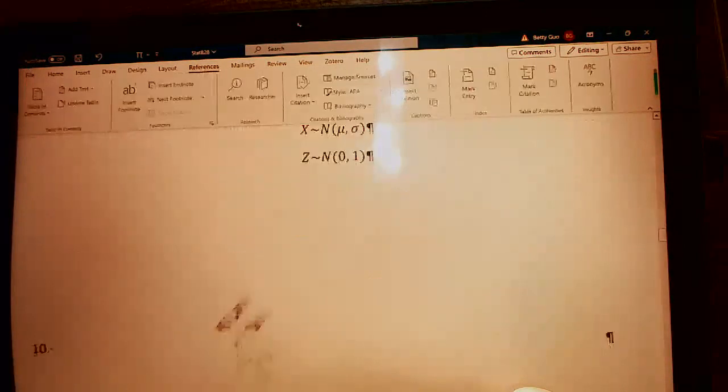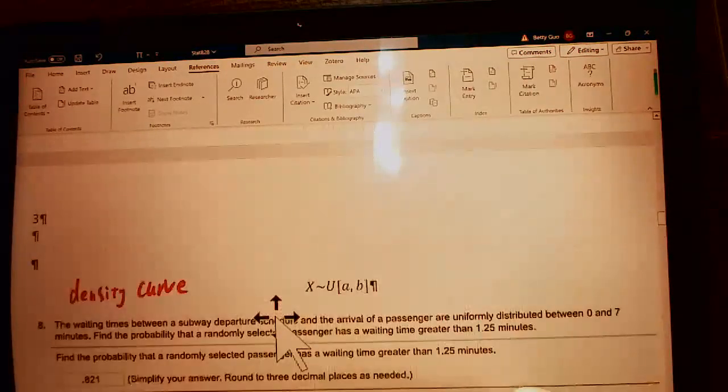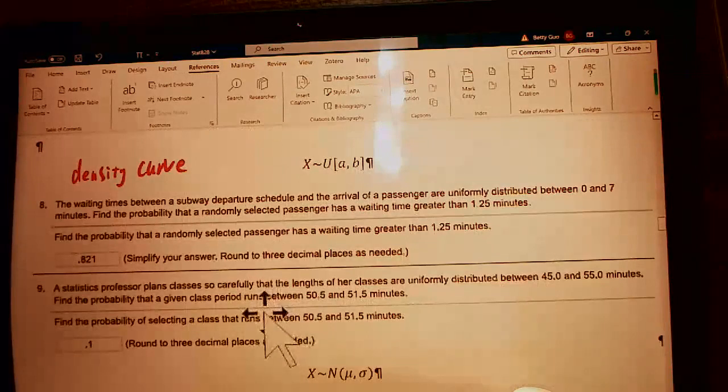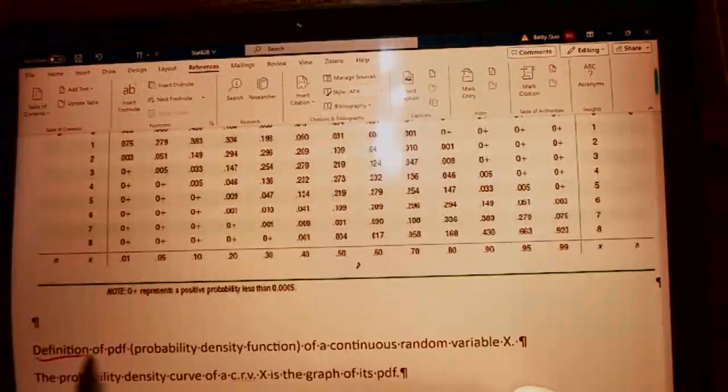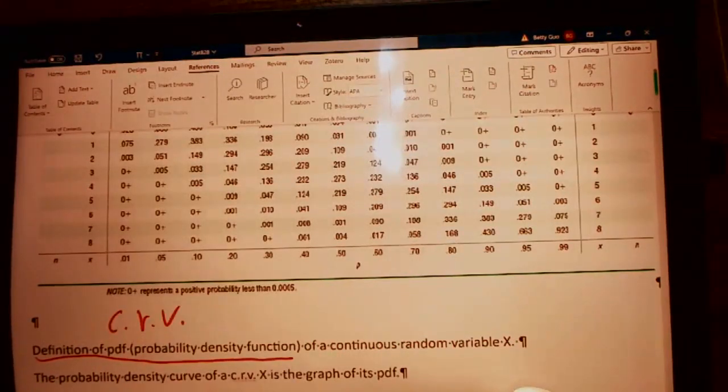Let me show you the definition. Definition of PDF. For continuous random variable, the PDF is different from the PDF we see for binomial. Here it means the probability density. The D here is not distribution, it means the density function. Definition of probability density function of a continuous random variable.